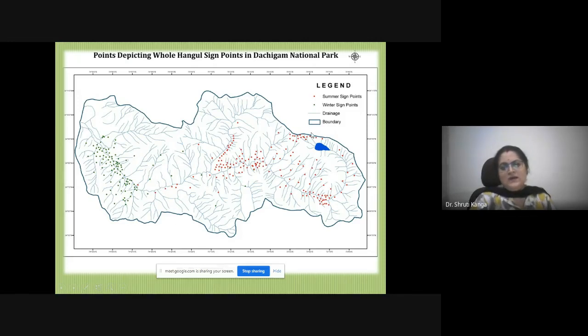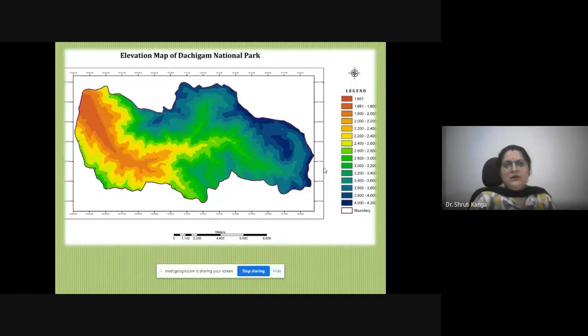So you can see in half, or maybe 70%, they fall in the half of the image, and then on the left hand side you will find that in some winters they have their existence. Okay, then this is an elevation map of Dachigam National Park.